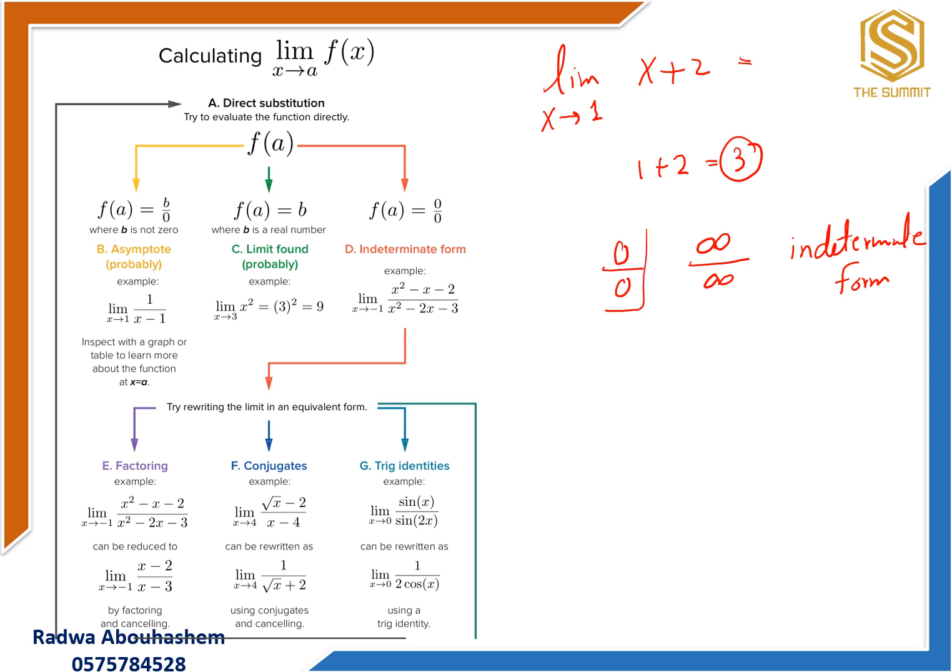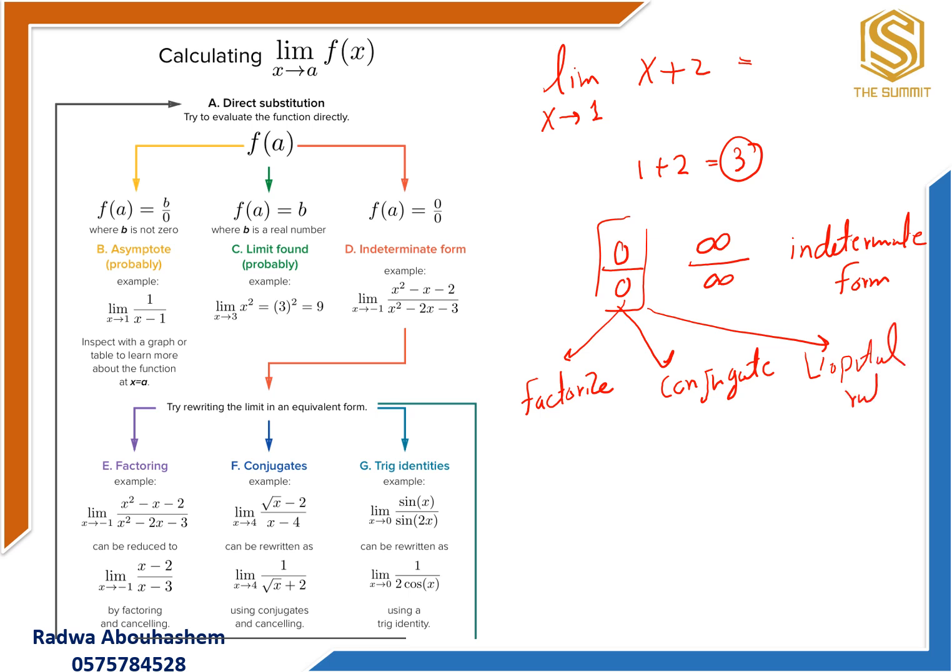If you have 0 over 0, this means that you have maybe to factorize, or to multiply by the conjugate, or to use the derivative or the L'Hopital rule. So we're going through all of this now.